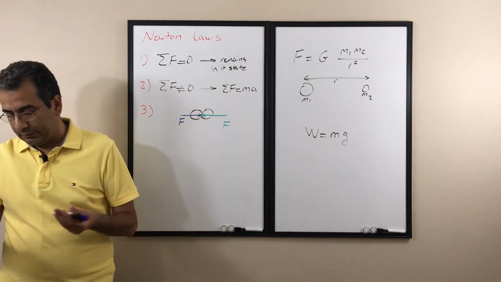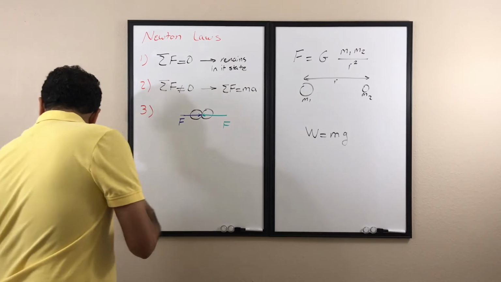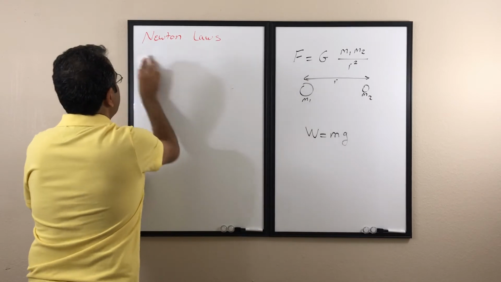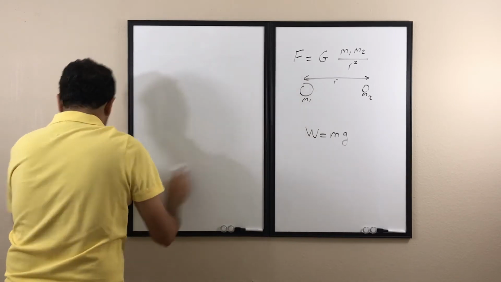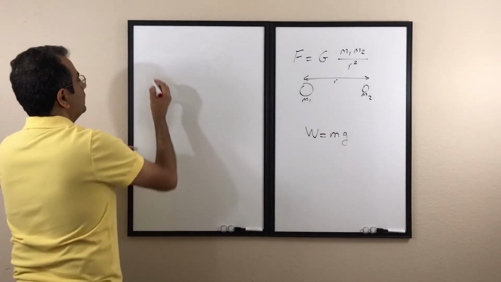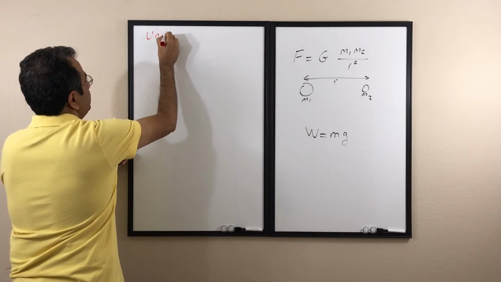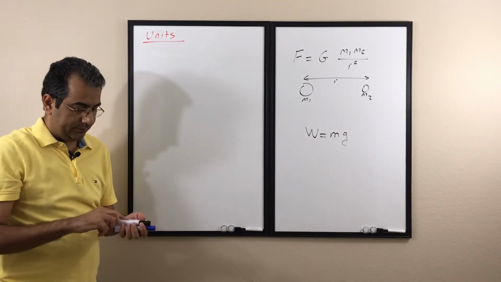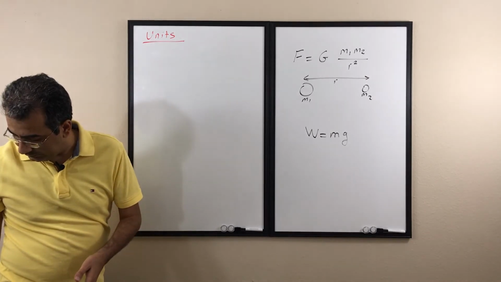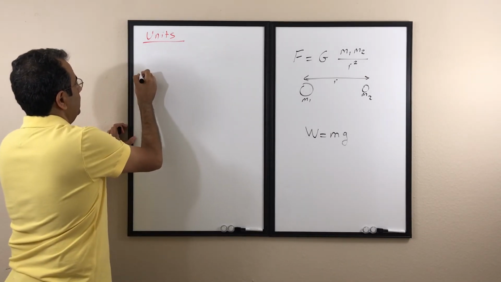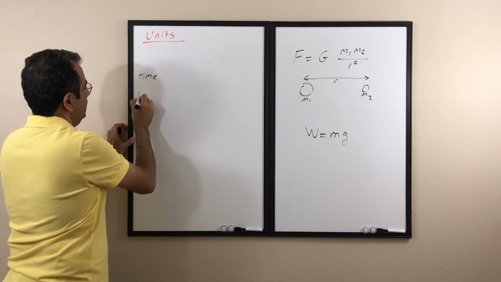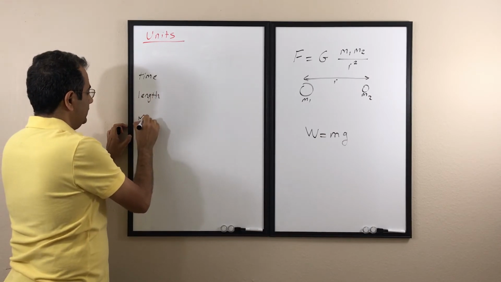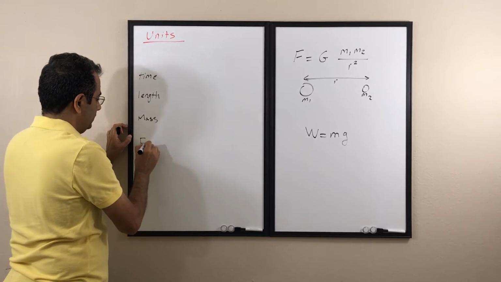Again, if you remember, when I started talking about units, we said that we have four main quantities: time, length, mass, and force.